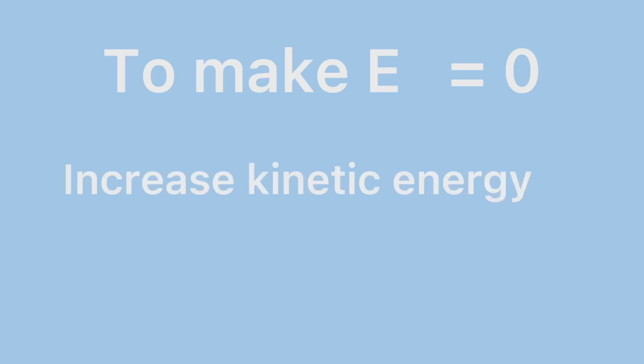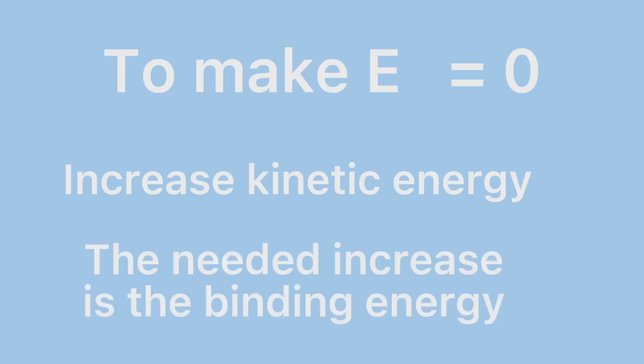To make the total energy 0, you only need to increase the kinetic energy by the amount of additional energy required. This would be the binding energy. So, to find the binding energy, we just need the magnitude of the total energy, since we must find the work to be done, or the energy needed to make the total energy 0.